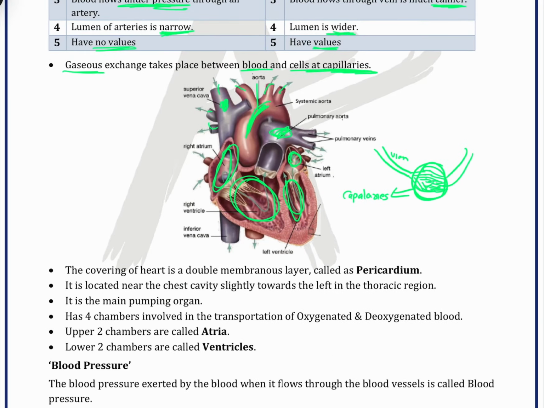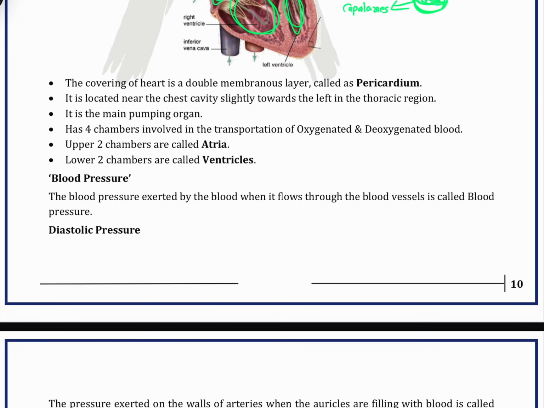Then we can see here the covering of the heart is a double membranous layer called the pericardium.